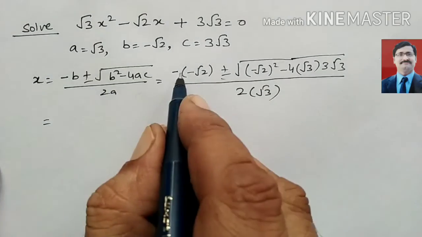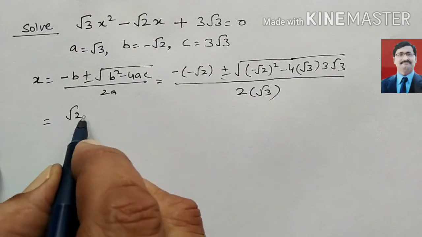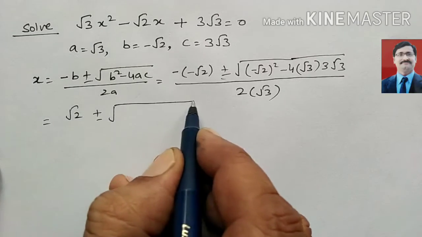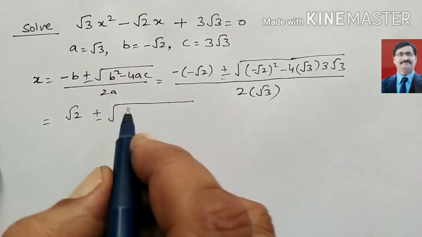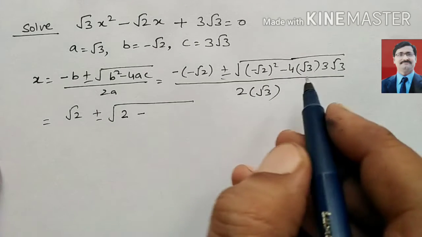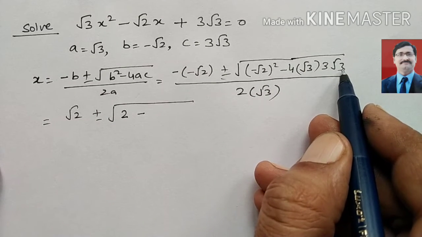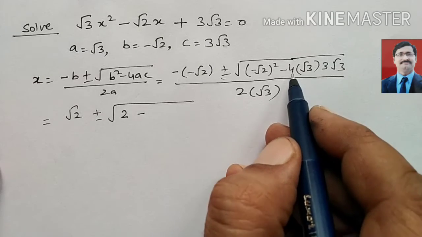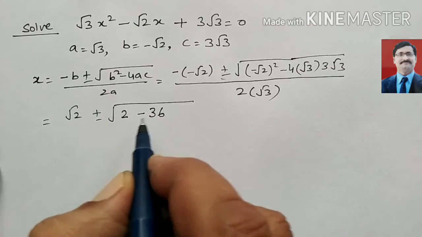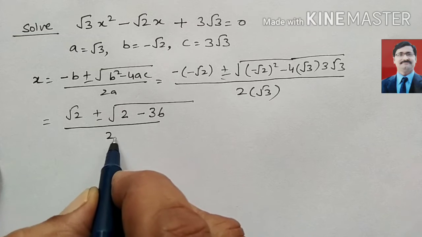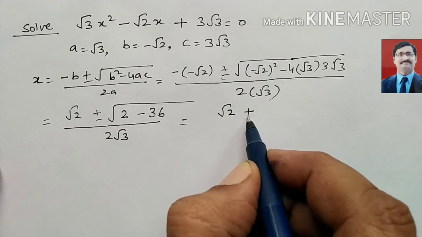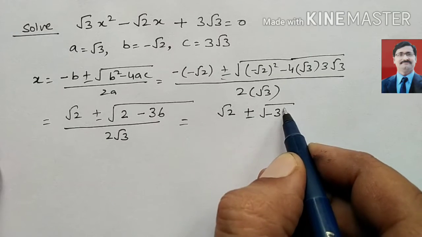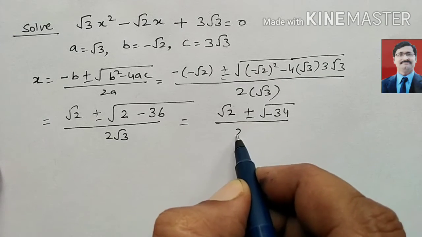Now you have to solve. Minus and minus will be plus, so you have root 2, and in the root, minus root 2 square is plus, and root 2 square is 2 only, minus root 3 into root 3 is 3, 3 fours are 12, 12 threes are 36, hmm, upon 2 root 3. You get root 2 plus minus root of minus 34 upon 2 root 3.